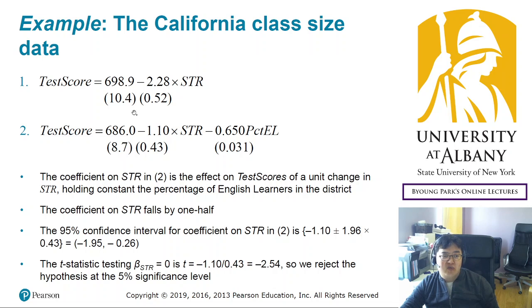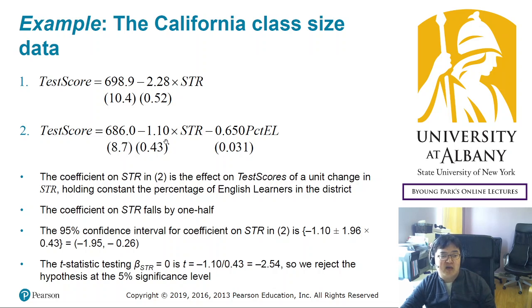You are only interested in this guy, the effect of student to teacher ratio, and as long as you have the estimate minus 2.28 and the standard deviation 0.52, or minus 1.1 and 0.43, then you can calculate the hypothesis testing or the confidence interval. It is up to you which model you are taking.